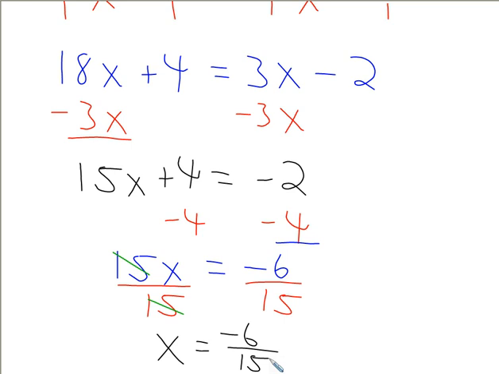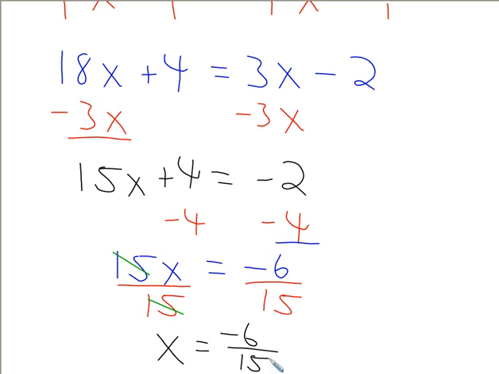And whenever you get a fraction as an answer like we have here, you need to reduce that fraction. You need to look for ways to see if it's possible to reduce. In this case, we can divide out or cancel out a factor of 3 from the top and from the bottom. So I like to think of it in terms of canceling out a factor of 3 from the top and bottom. It's just the way I was taught.